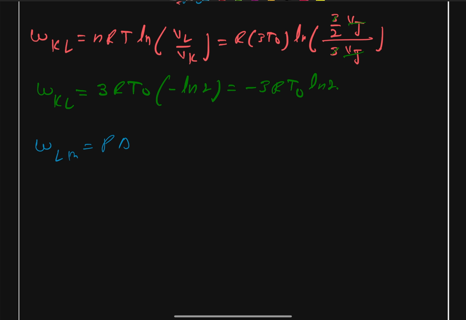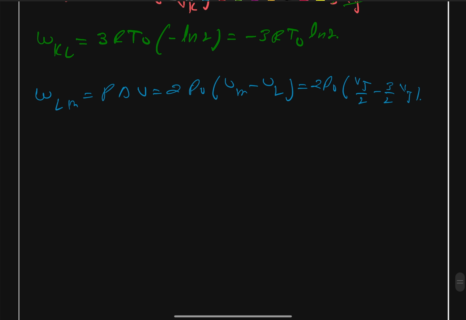We get this as V_M minus V_L, which gives us twice P naught. V_M is V_J by 2 minus 3 by 2 times V_J, and we get W_LM is equal to twice P naught, and this will be coming as minus of V_J.